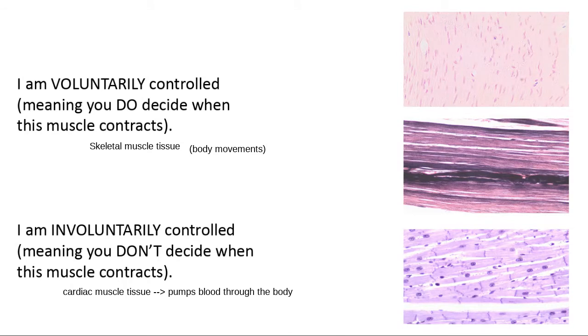And what are some of the functions that you can think of for smooth muscle tissue? What does smooth muscle tissue do? Yeah, so Kai gave us the big picture description of what it does in general. Your location and function guide said movement of substances.